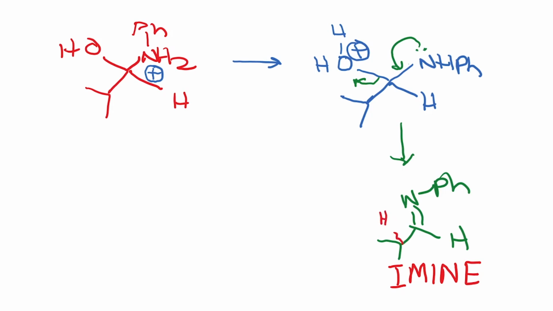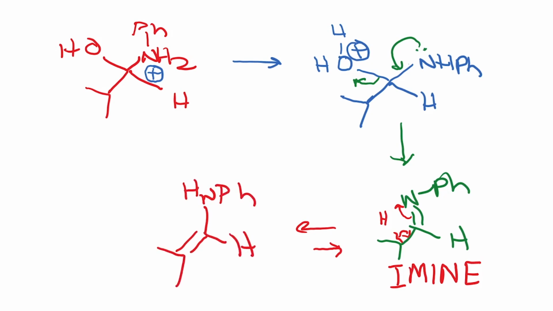So we have been discussing how enolization etc. can happen. So it is entirely possible that this undergoes some sort of tautomerism, and it can produce NH, Ph, and this kind of an intermediate.